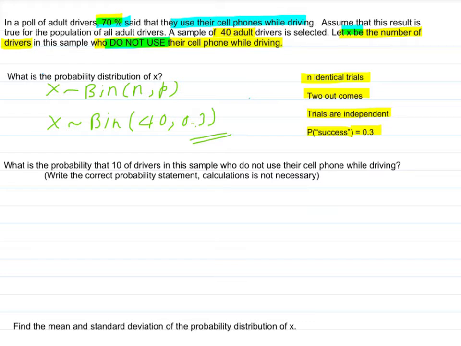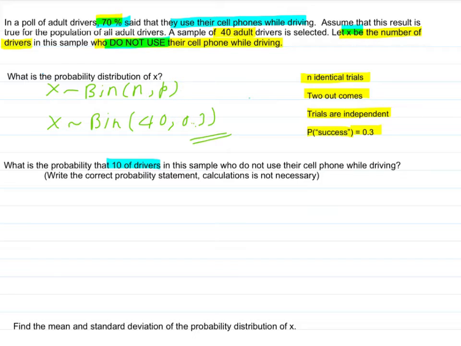What is the probability that 10 of the drivers in this sample do not use their cell phone while driving? Who do not use their cell phone means that is X. So they are asking for the probability that 10 drivers. Now we know X has a binomial distribution, therefore we can use the binomial probability function.